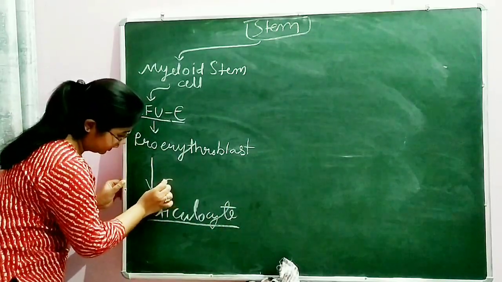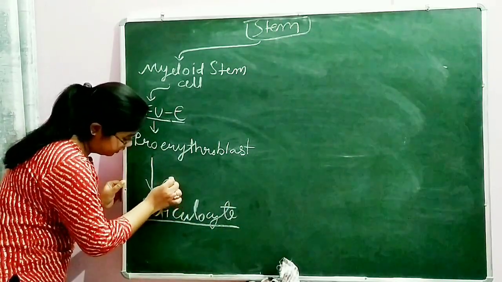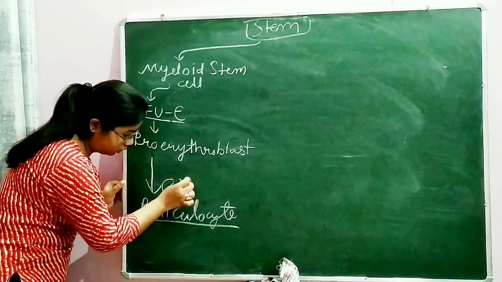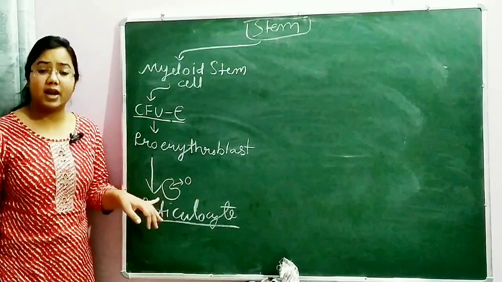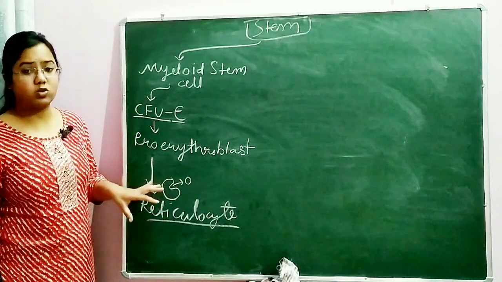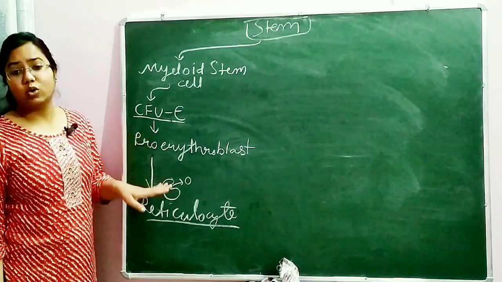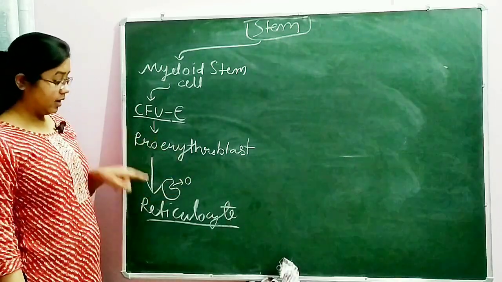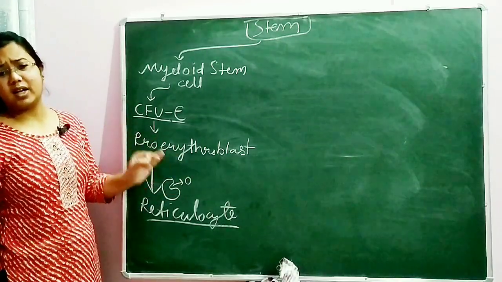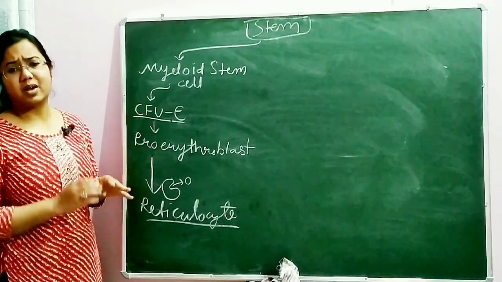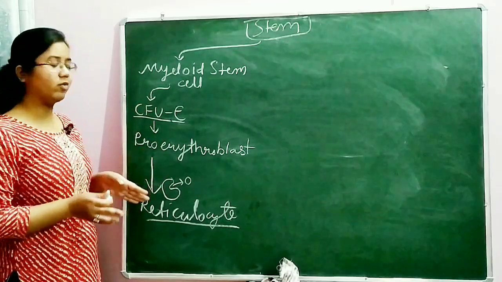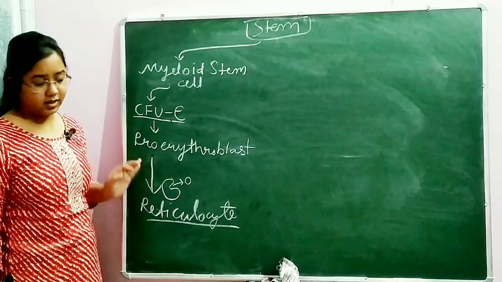In the reticulocyte, the nucleus is ejected and all the cell organelles disappear gradually. The hemoglobin increases, and only some RNA remains in the form of a network.